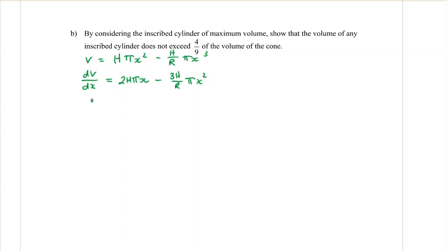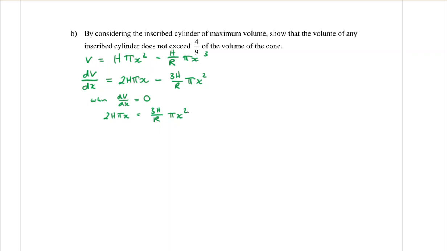As always, we want when our derivative is equal to 0. So I'm going to straight away, like I've been doing for the last few questions, move that negative portion across the other side. So 2h pi x equals 3h over r pi x squared. I am trying to get the x by itself.